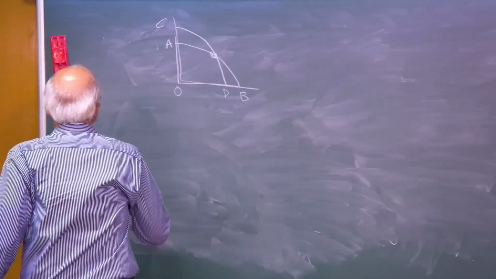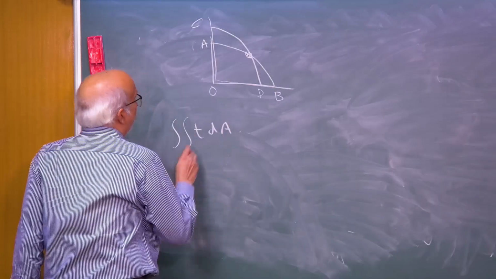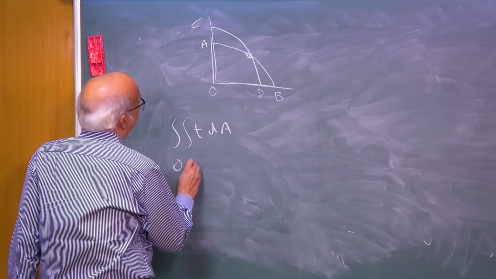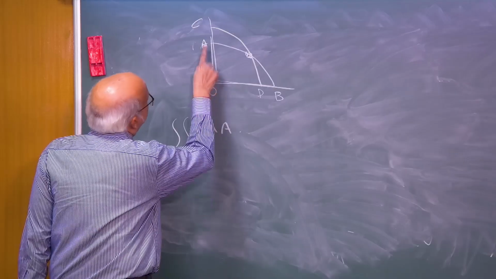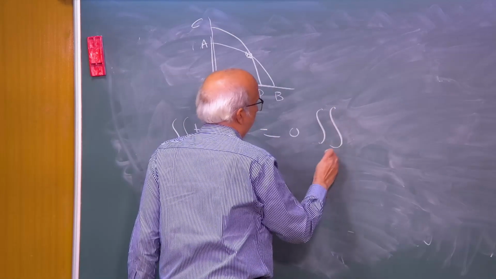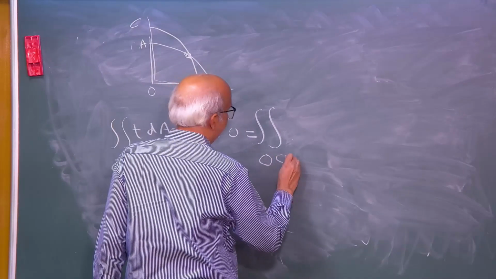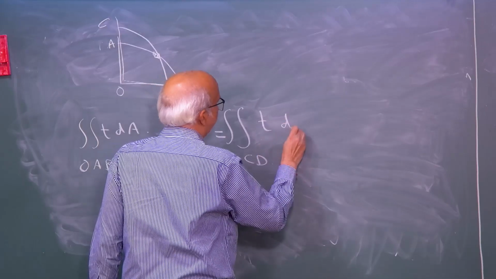I am looking at the integral of T dA over OAB, which must be equal to 0, must be equal to the integral over OCD of T dA.